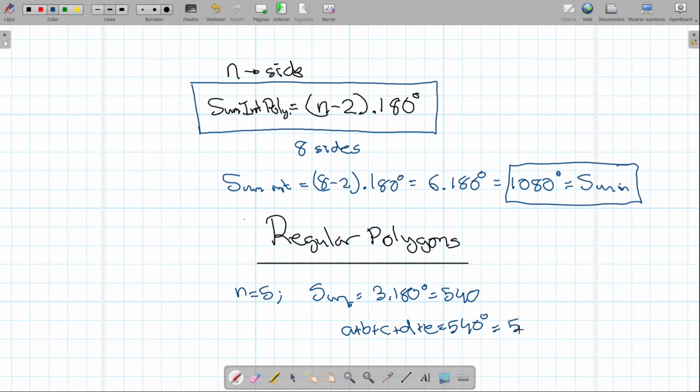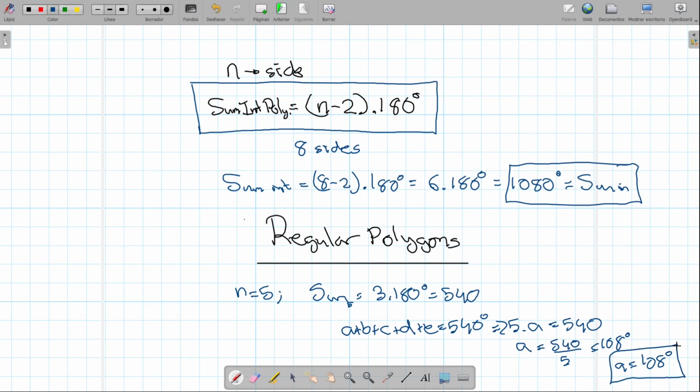So that's 5 times A equals 540 because they're all the same. A plus A plus A plus A plus A is 5 times A. So we can find out what each angle is just by dividing 540 by 5 in this case, which is 108. So in the case where a polygon is regular, we can use the formula of the sum of the interior angles to find also what each interior angle is.